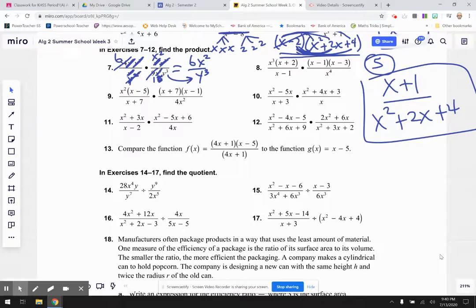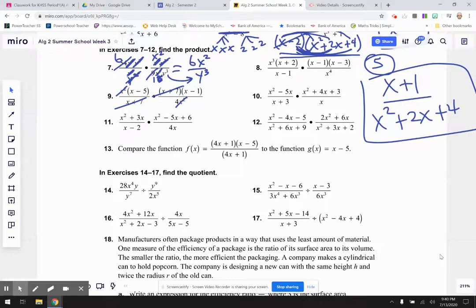Let's see, number 9. Again, you're looking for things that will be the same on top and bottom. So the top has an x plus 7 and the bottom has an x plus 7. The top has an x squared being multiplied. The bottom has an x squared being multiplied. And that's all you can do.